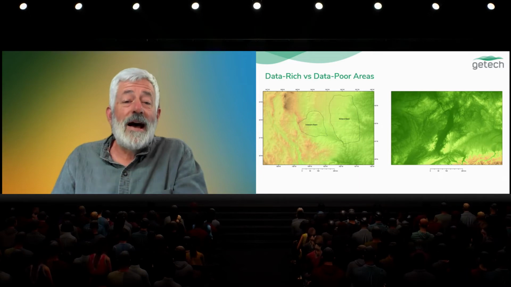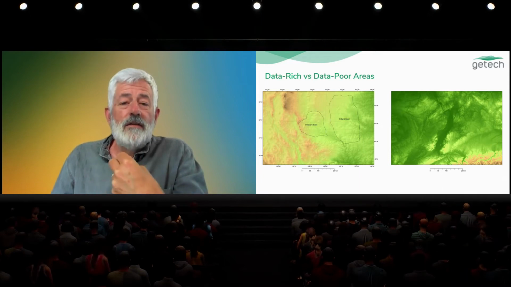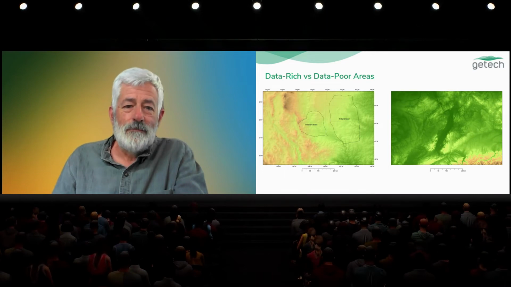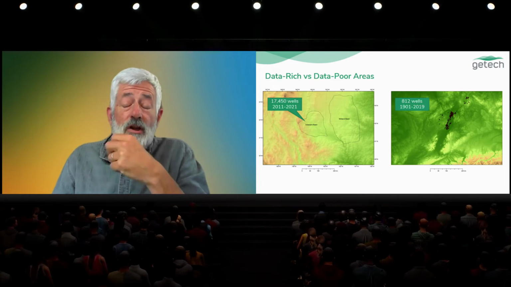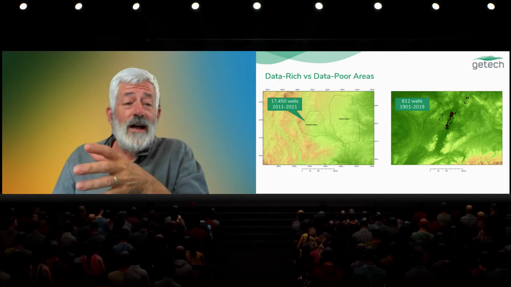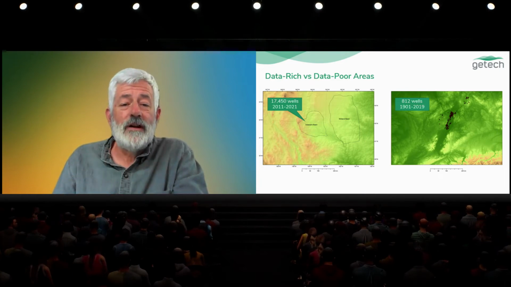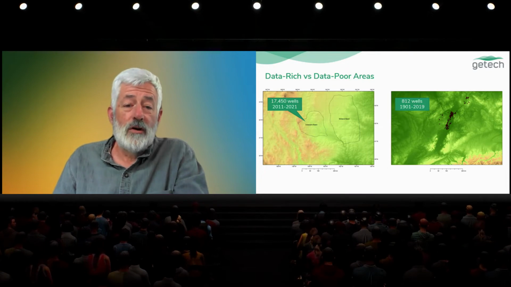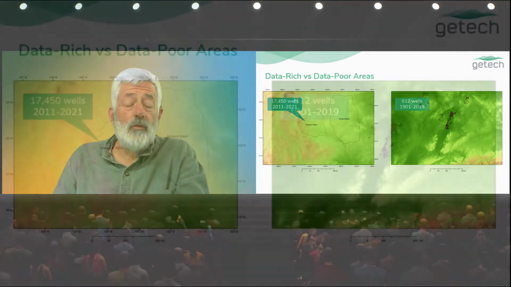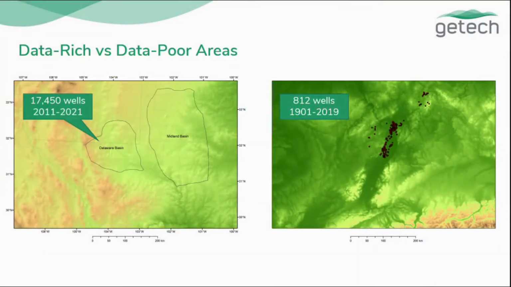But there is a big contrast in how brightly the light shines on each of these 2 areas. So in the Delaware Basin, there are a lot of wells. Just in the last decade, almost 20,000 wells, and most of them are horizontal and most of them are really long. So each and every one of those wells investigates a huge volume of the earth.